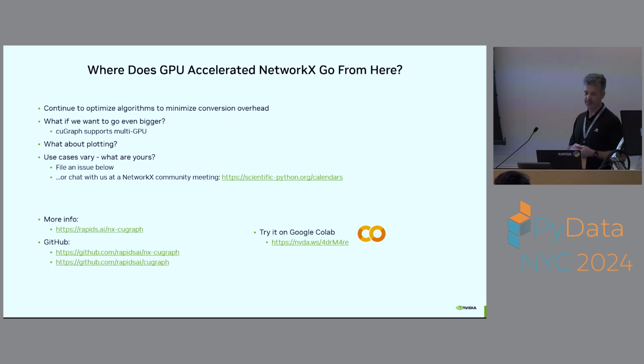So we're always taking feedback. One of the most popular uses of NetworkX is plotting. Obviously, it's used quite a bit for the smaller graphs. As the graphs get larger, they just turn into hairballs, I guess. But even so, is plotting something that would be interesting here too? There are separate projects at NVIDIA for plotting graphs.